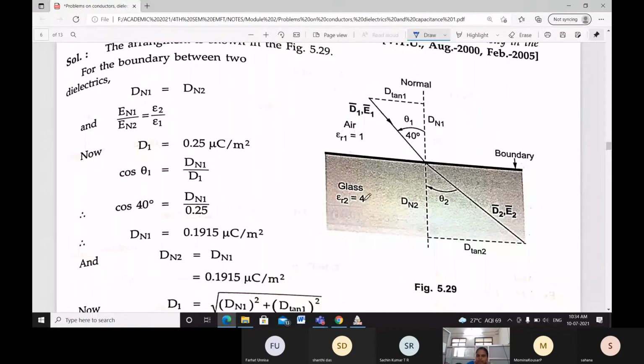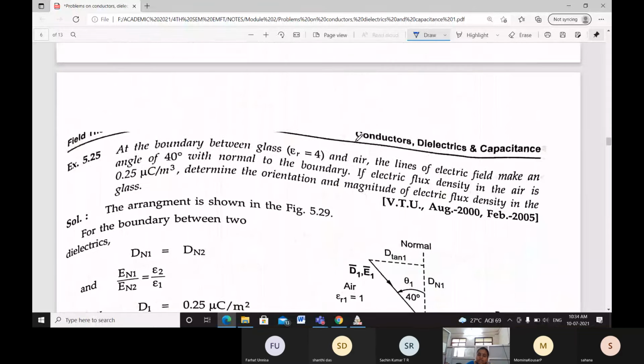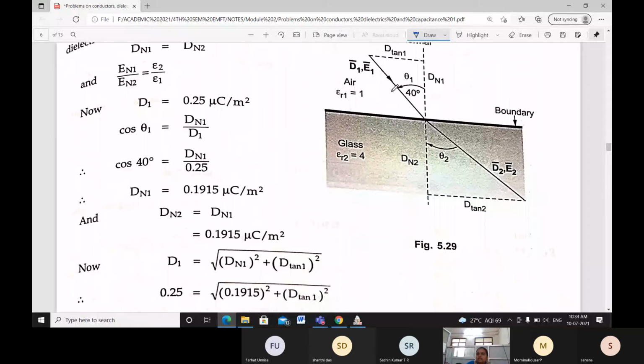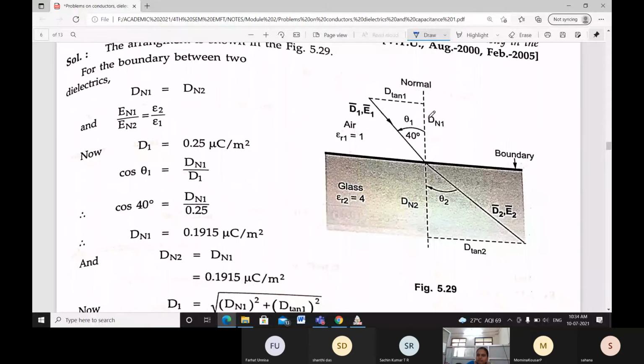Here it is air and here it is glass. Air epsilon R is always 1, and for glass, as given, it is 4. This is the normal, here taken as dN1, and for this medium dN2. Here it is going to be d tan 1. What is the orientation?